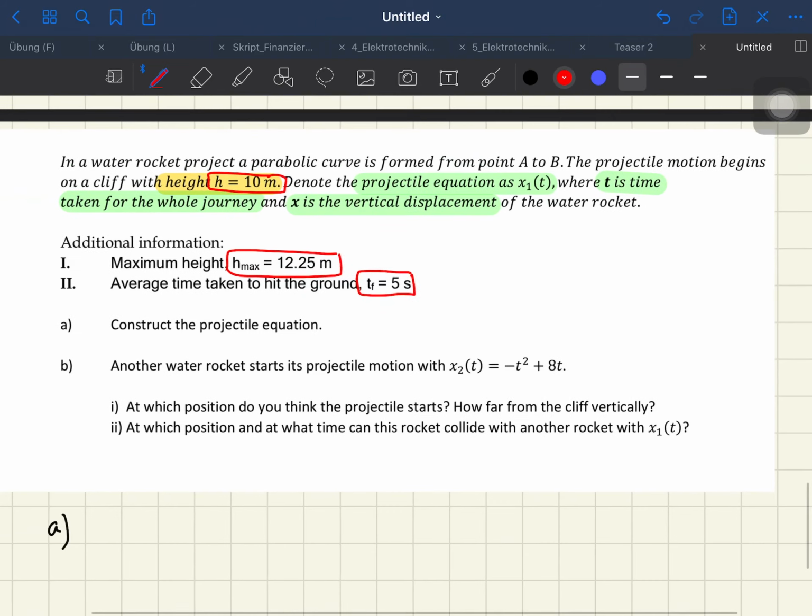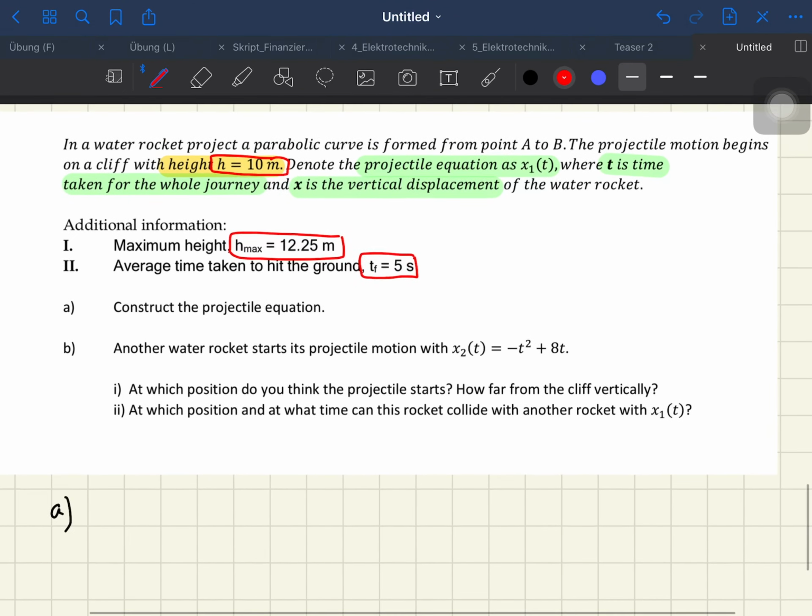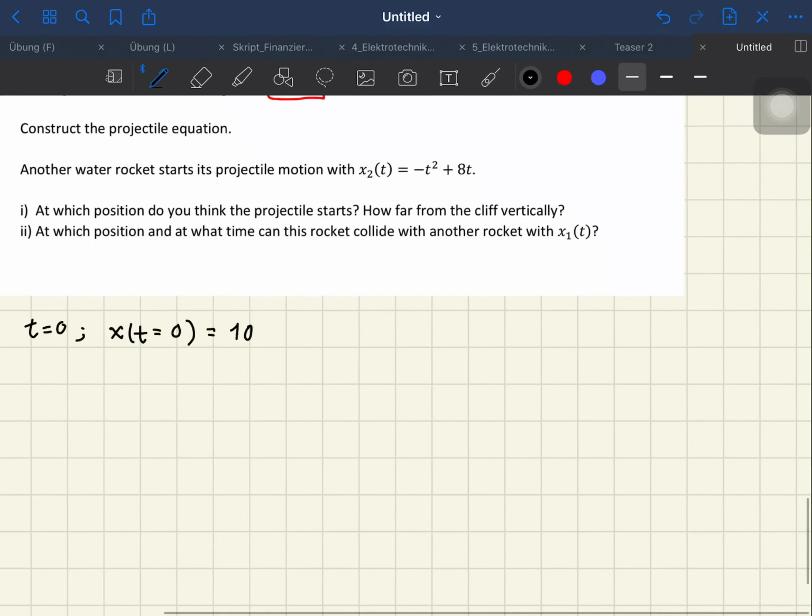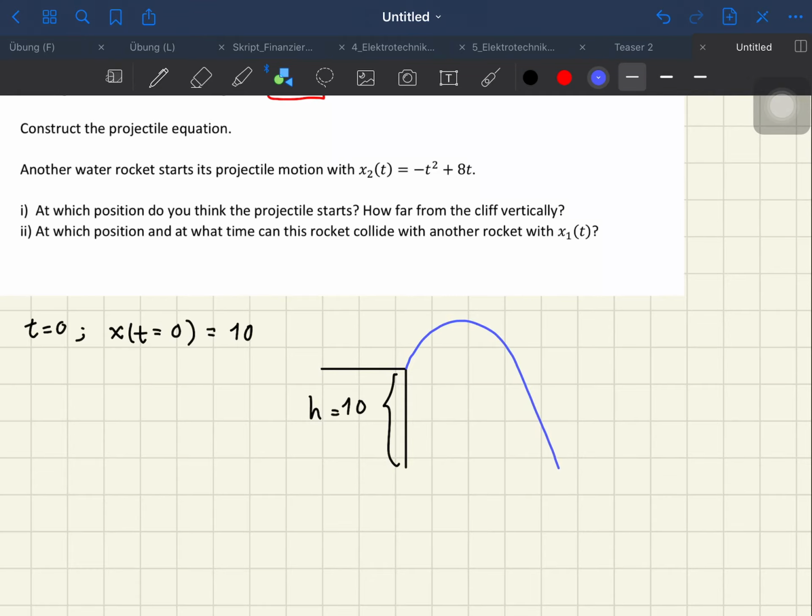Okay, so since it begins at t equals 0, your x(t) when t equals 0 is 10, on a cliff with a height h. It means when you have, for example, a cliff like this, the height h equals 10, and it forms a parabolic curve like so, and done.